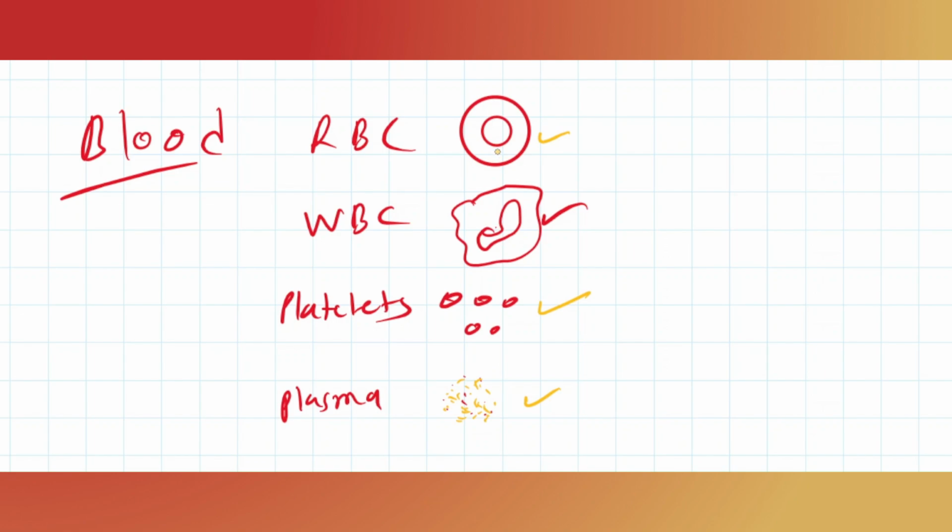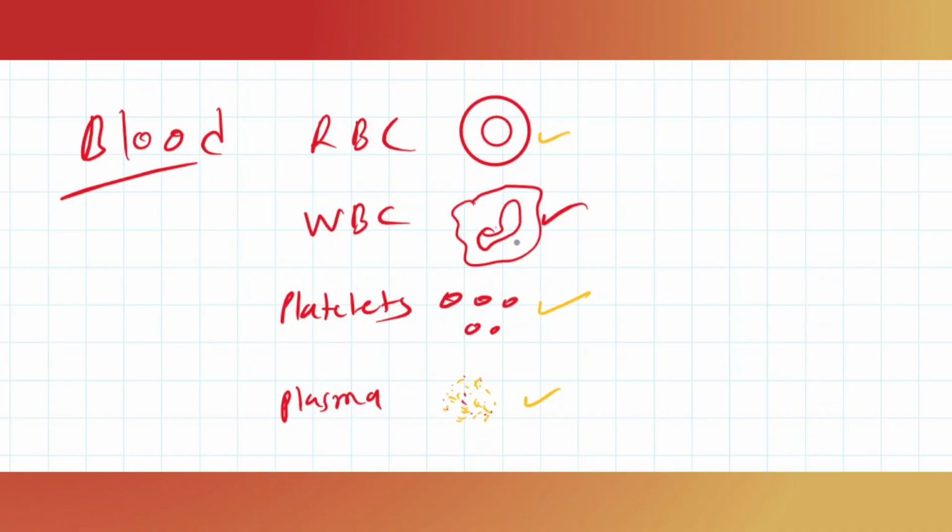Here, red blood cells carry oxygen because they have hemoglobin. Now, this hemoglobin combines with oxygen to form oxyhemoglobin, and it circulates it to different parts of the body, to each and every cell wherever it is required, through blood vessels.